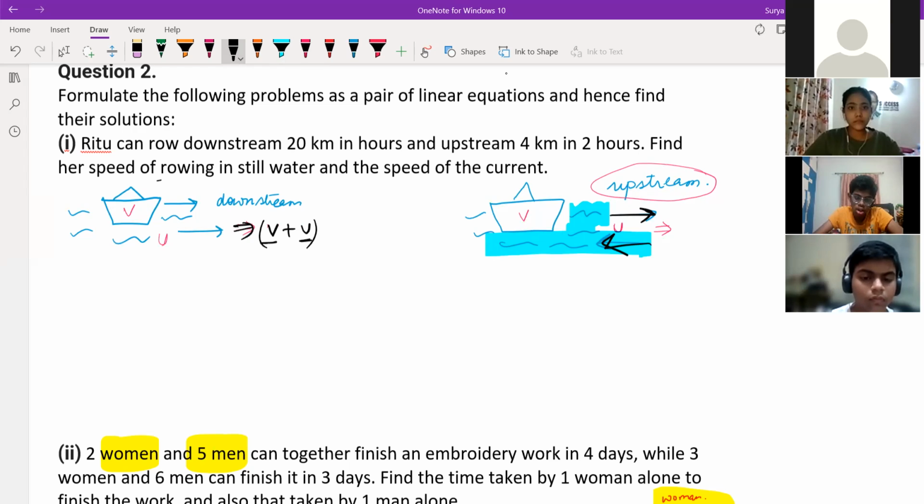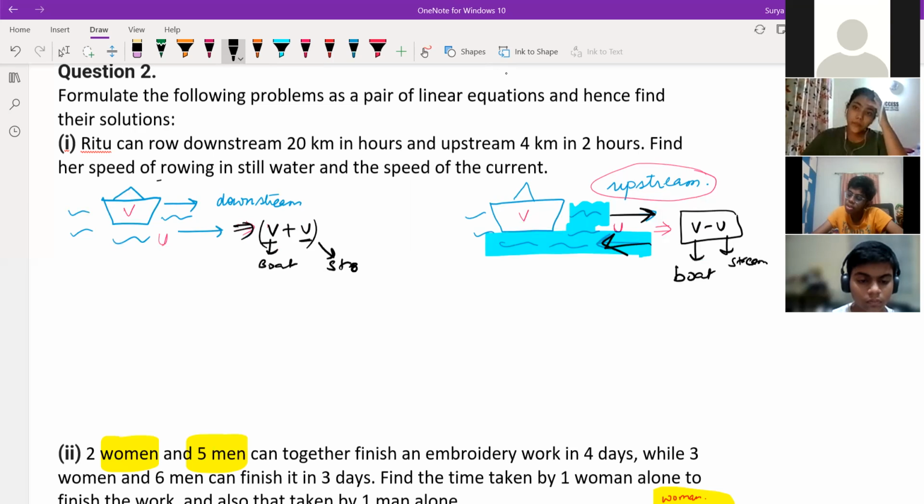Yes, sir. And here you should write V minus U. You can write U minus V also, but we should always write the speed of the boat first, then the stream. Remember, boat speed should always be more than stream speed.